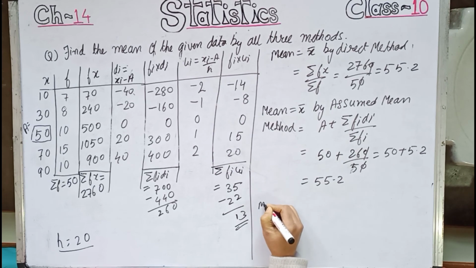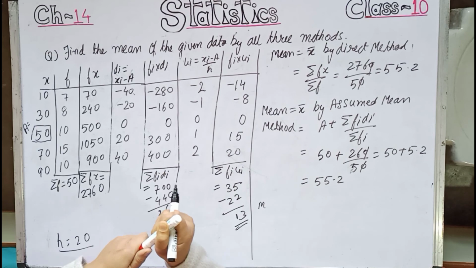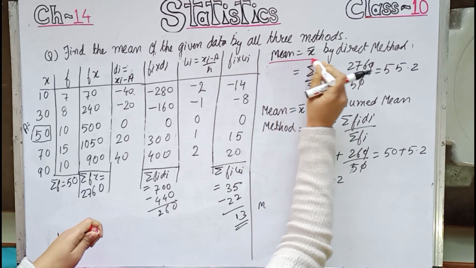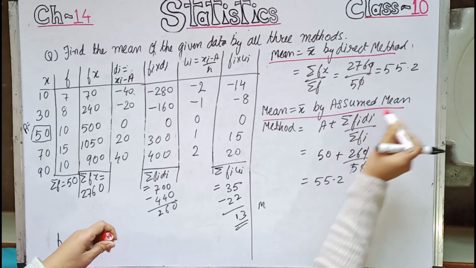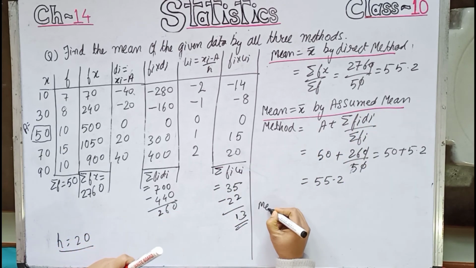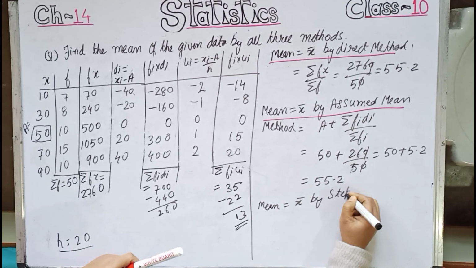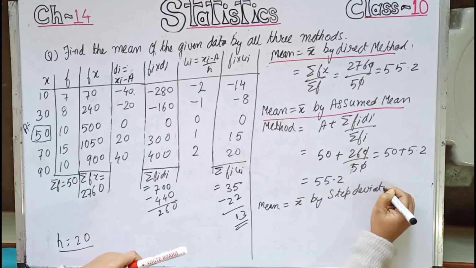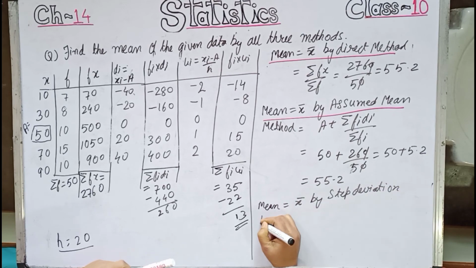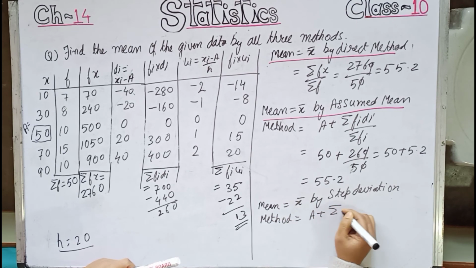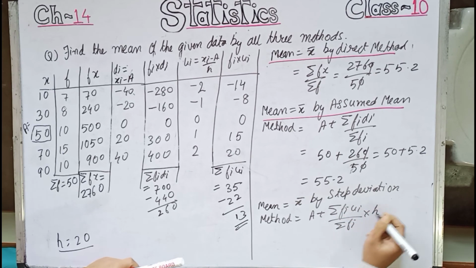So mean, this one is the first one. Mean equals x bar by step deviation method, equals a plus summation fi into ui by summation fi into h.